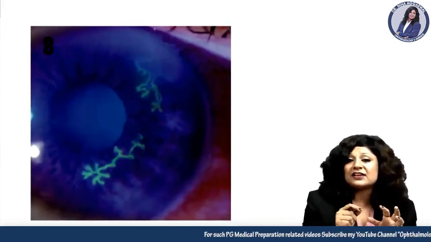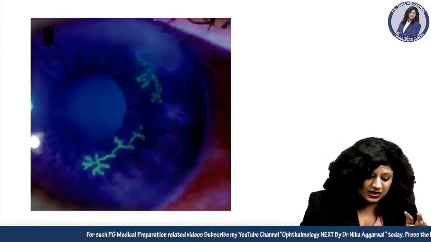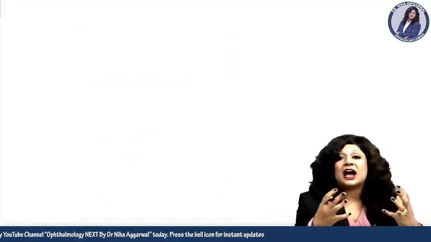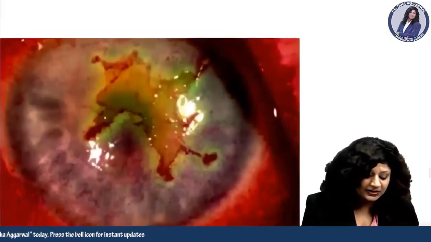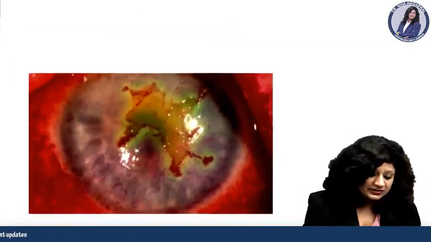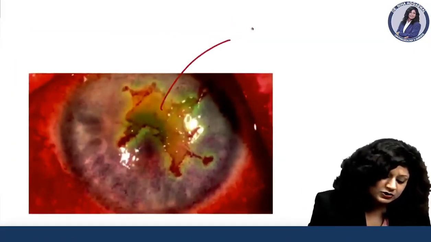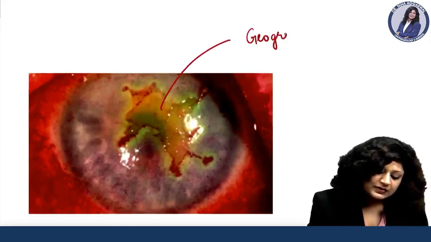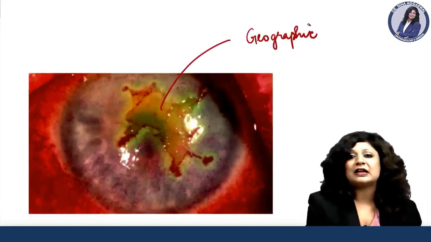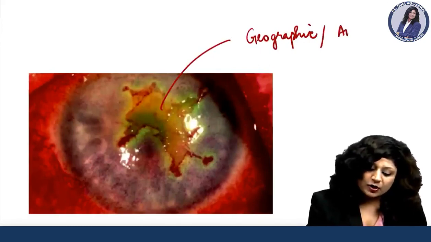If you give steroids in this stage, it can hasten the formation of a large ulcer. This large ulcer is called the geographic ulcer, or it is also called the amoeboid ulcer.